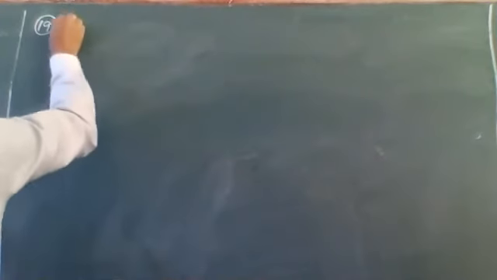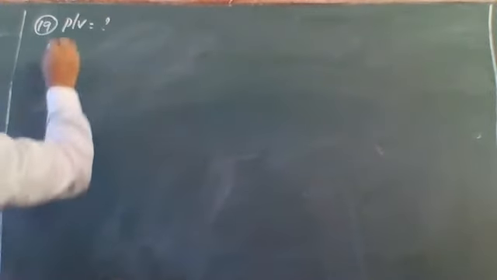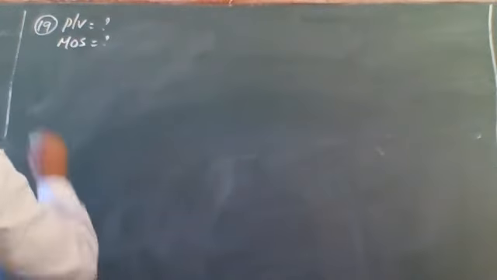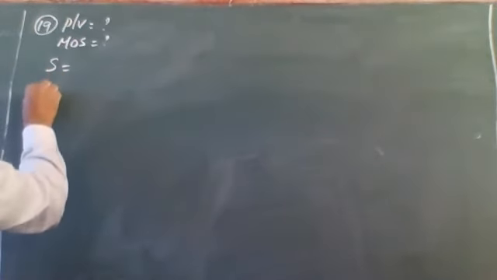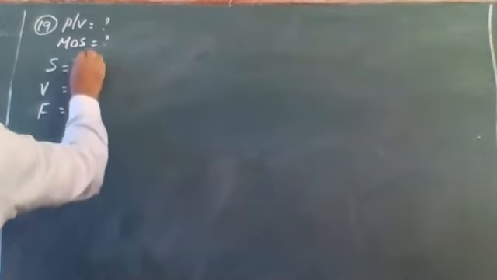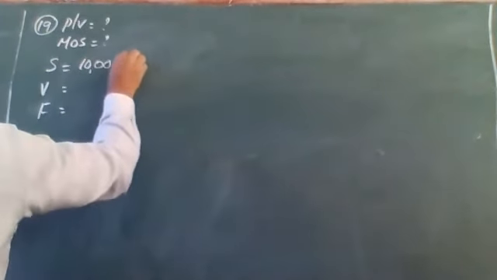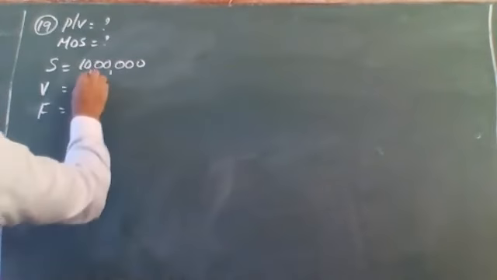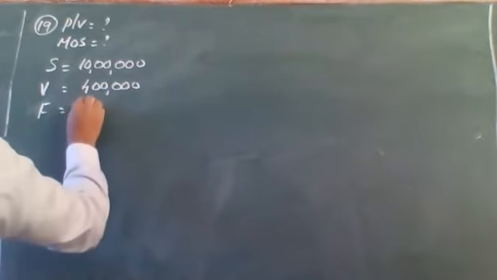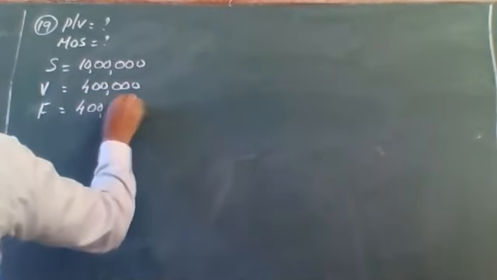Question number 19 says, find PV ratio and margin of safety when sales, variable cost and fixed cost are 10 lakhs, 4 lakhs and 4 lakhs respectively.